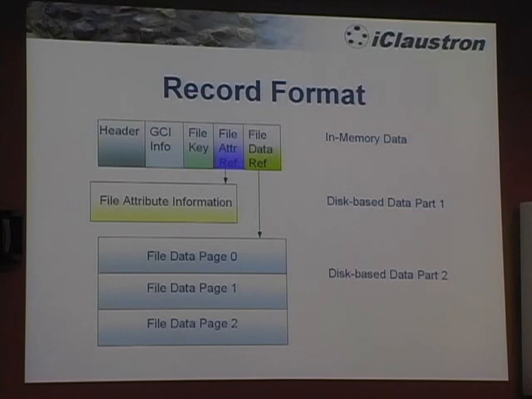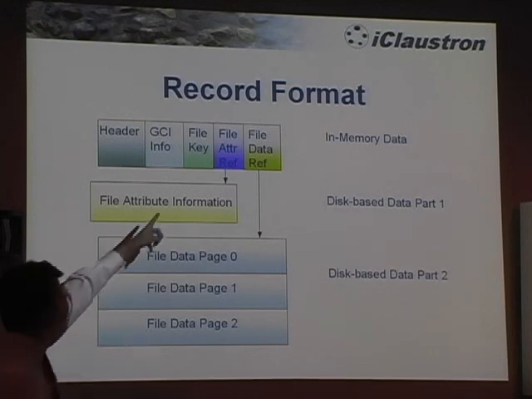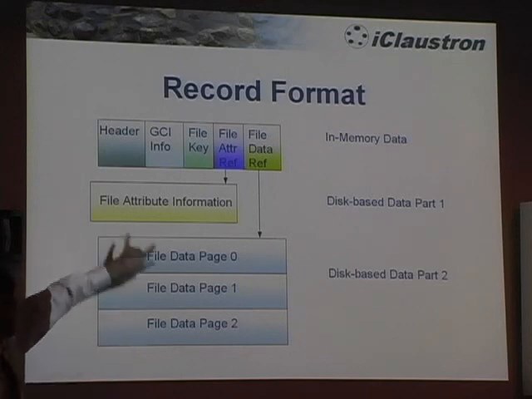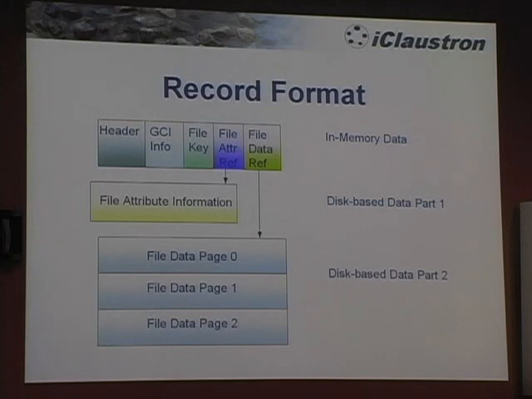The idea is that you make a hash on the file name, and then you use the hashed file name as the primary key. That obviously means that you have to have some resolution if two file names hash to the same value, so that needs to be part of the file key as well. But the actual file name is stored in the file attribute information.